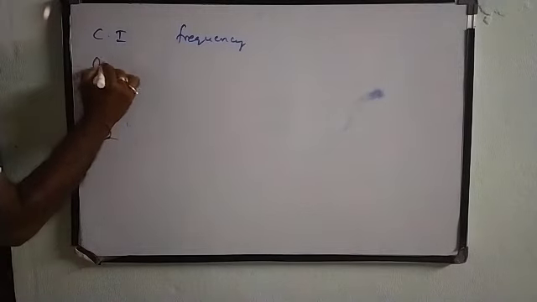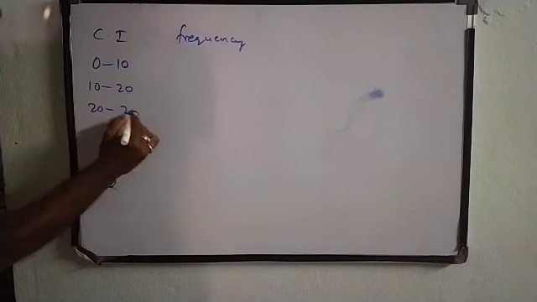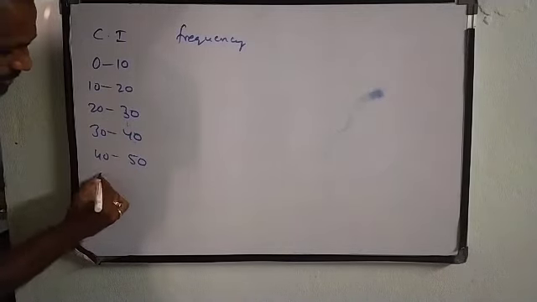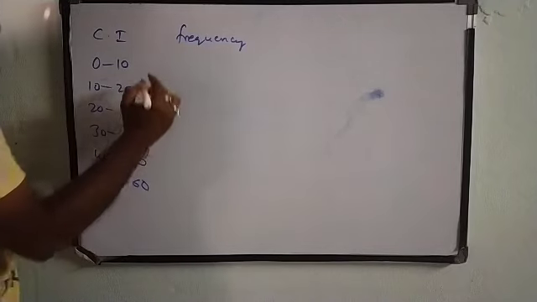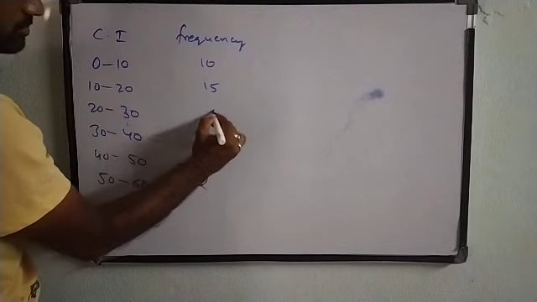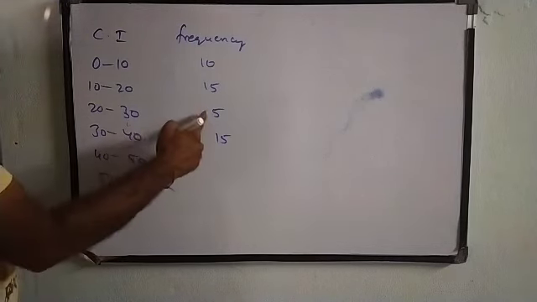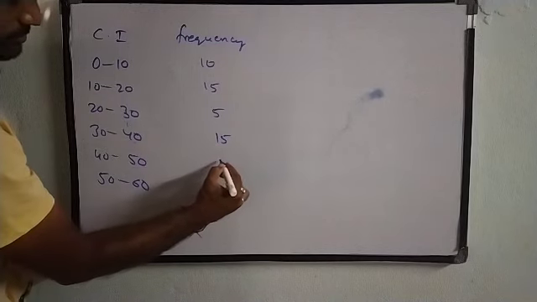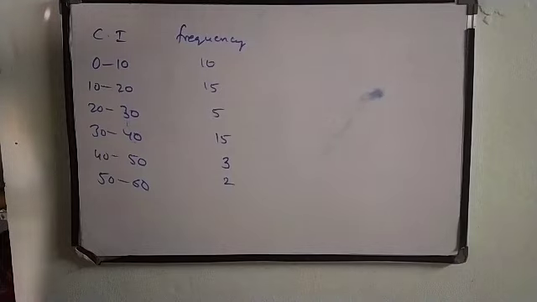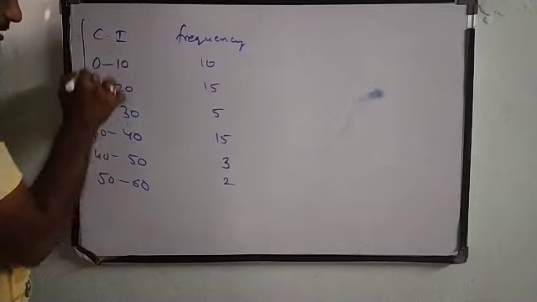It's our own question: 0 to 10, 10 to 20, 20 to 30, 30 to 40, 40 to 50, 50 to 60. Let the frequencies be 10, 15, and so on. These are the classes and frequencies. So we are obtaining the less than OG curve from these frequencies.